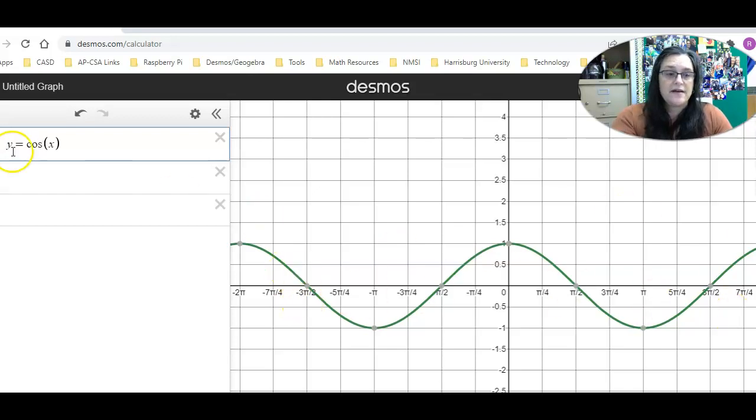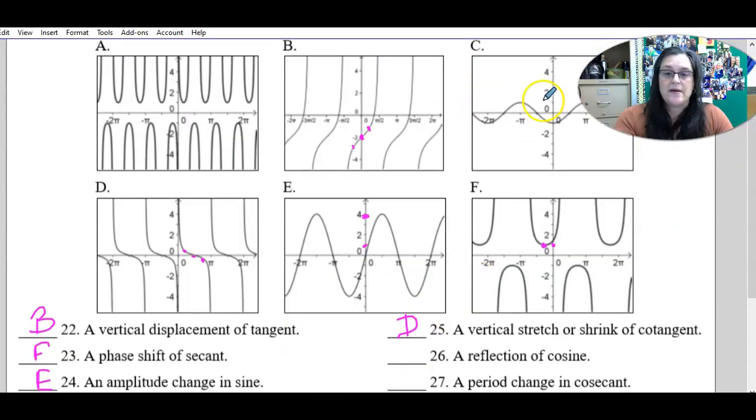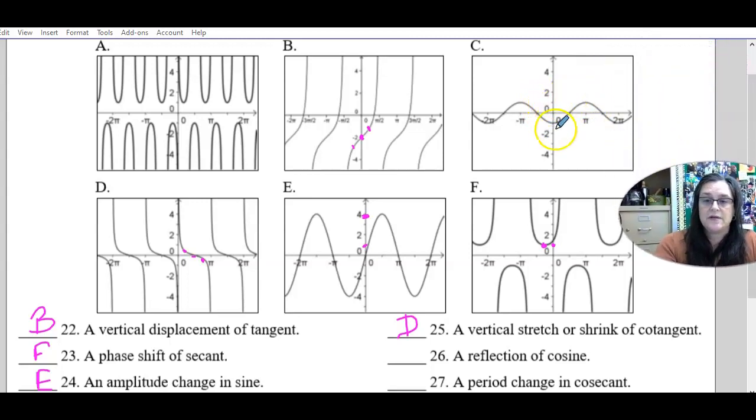If I make a reflection in the x-axis, that's a negative in the front, that flips the hammock upside down. So it starts down, comes up to its max, and then back down again. And that corresponds to graph C. You can see the y-intercept here at -1, then up and back down. So C is a reflection of the cosine graph.